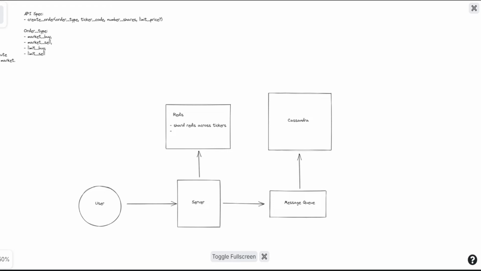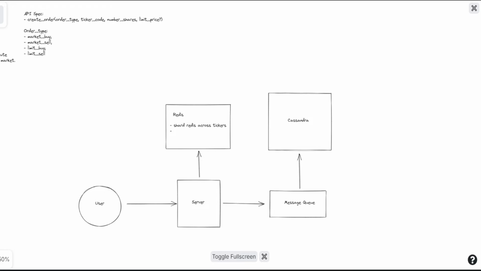MongoDB can support this too if you scale it enough, but from what I heard Cassandra is better for high read and high write. So something like Cassandra will be good for us to store the logged transactions, to be processed later.